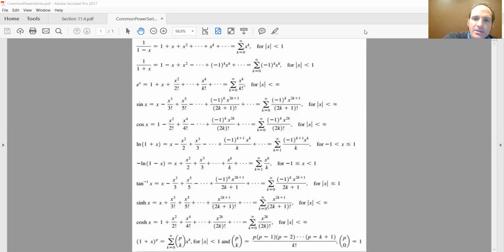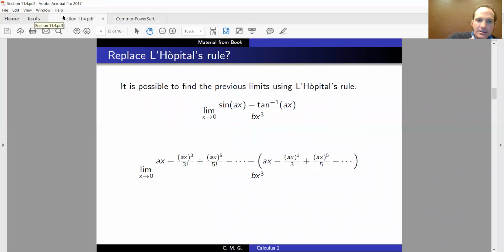All right, so I'm going to grab those two things and take them back over here and plug them in. So sine of ax is just this term. Inverse tangent of ax is just this term. And so I can see that I get ax minus ax, so those two are going to cancel. Negative (ax) cubed over 3 factorial is a cubed x cubed over 3 factorial, plus a cubed x cubed over 3.